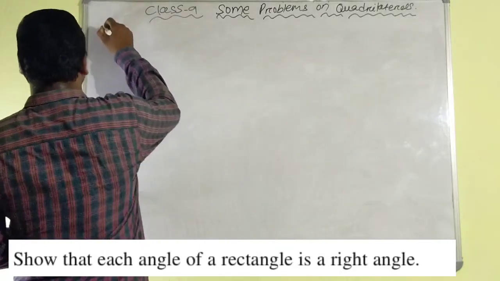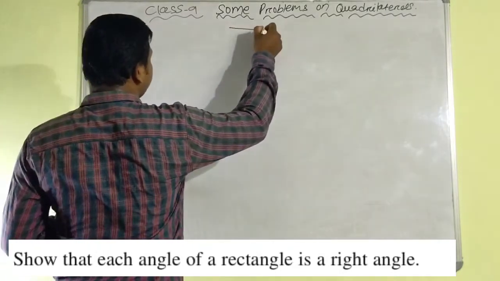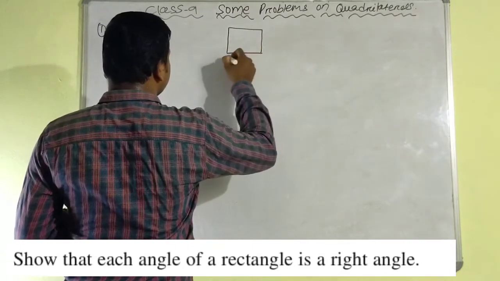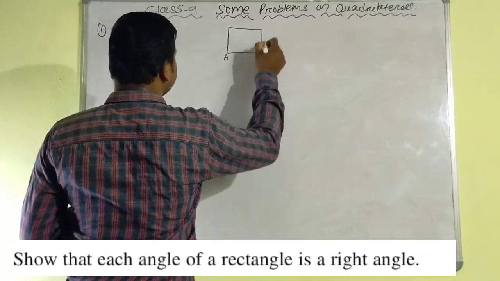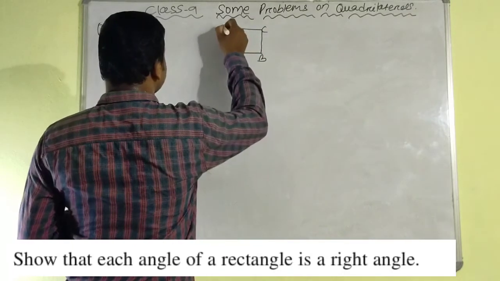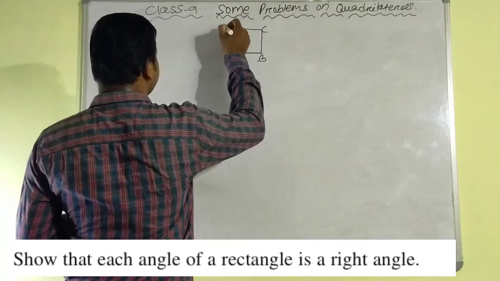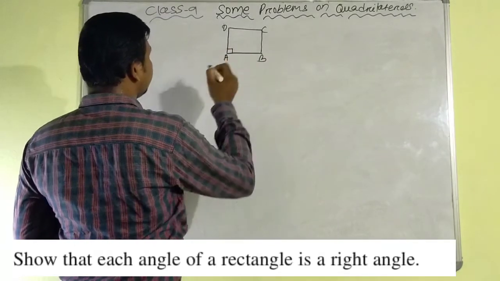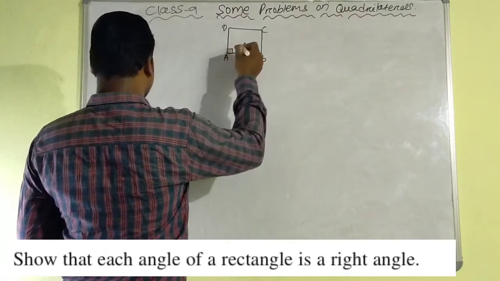So let us construct the diagram first. This is, suppose, a rectangle ABCD. So according to the definition of a parallelogram, we'll write angle A is 90 degrees.